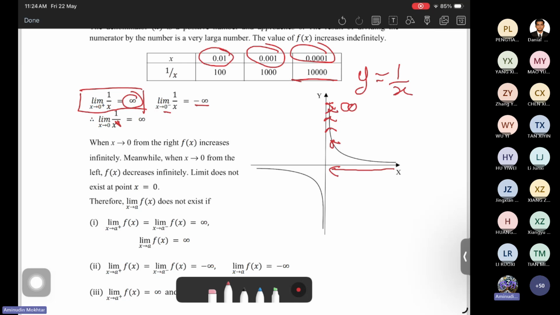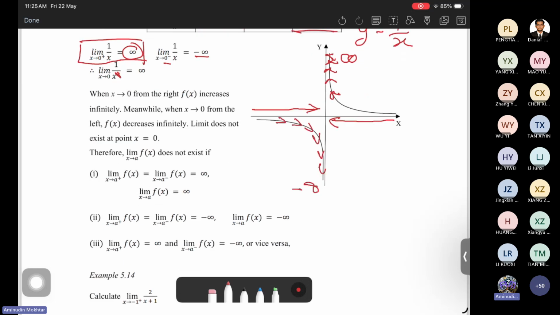But when x approaches 0 from the left, what happened to y? The value of y decreases indefinitely. The value of y approaches negative infinity. So we can conclude here, therefore, in this case, the limit does not exist when x approaches 0.